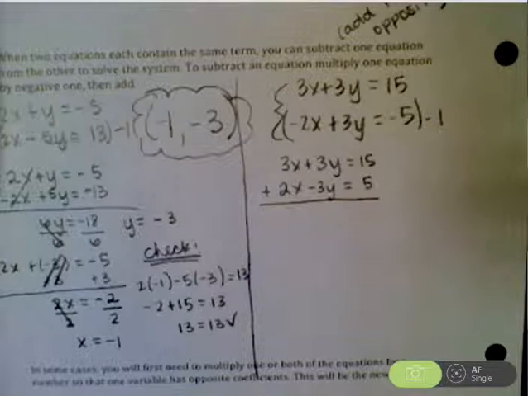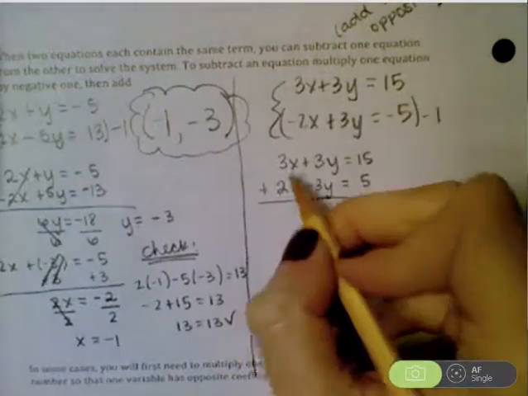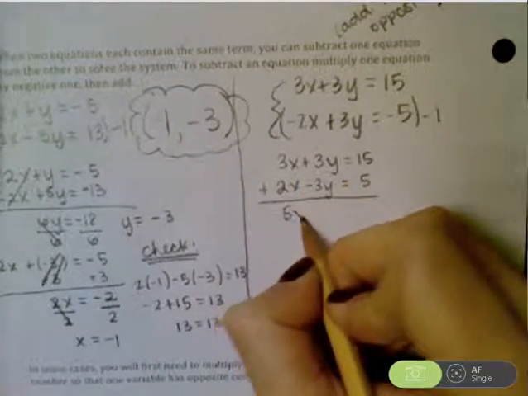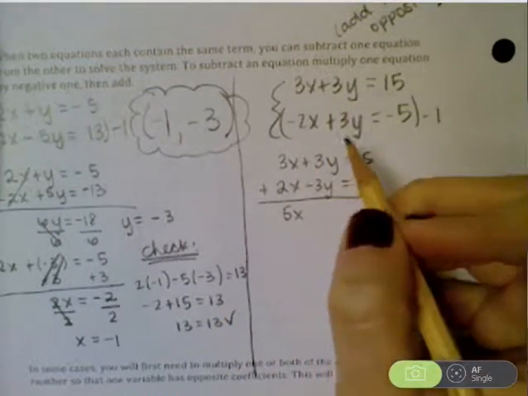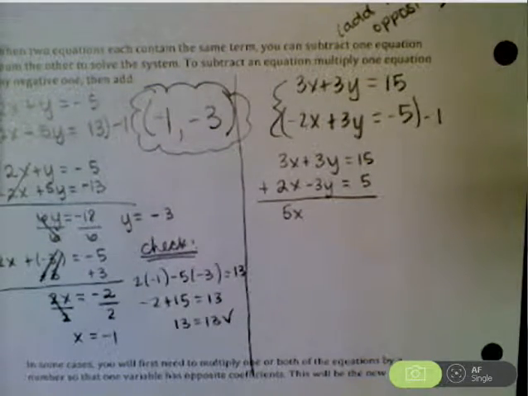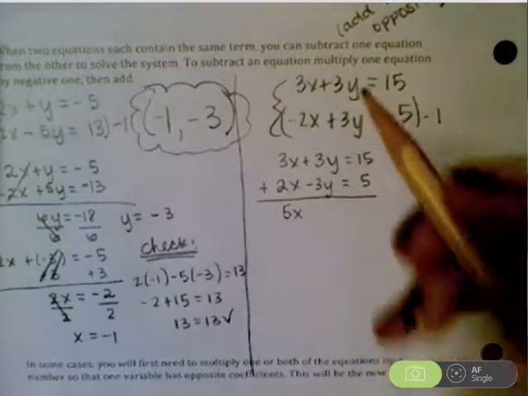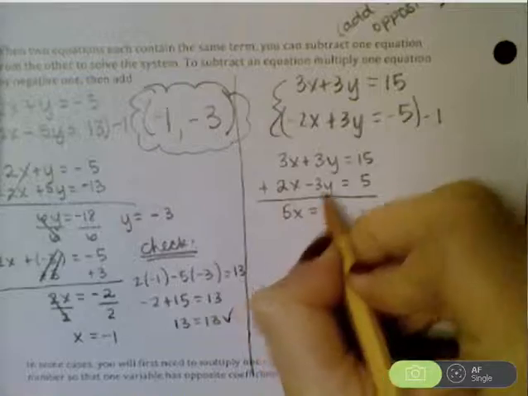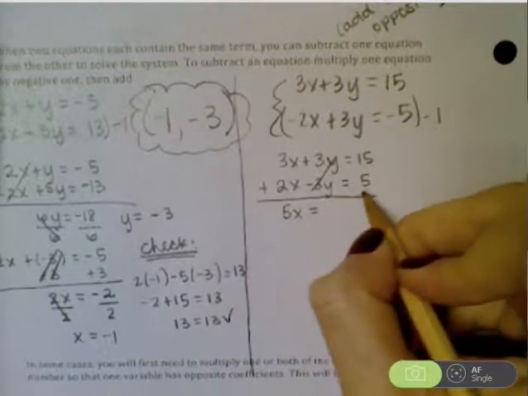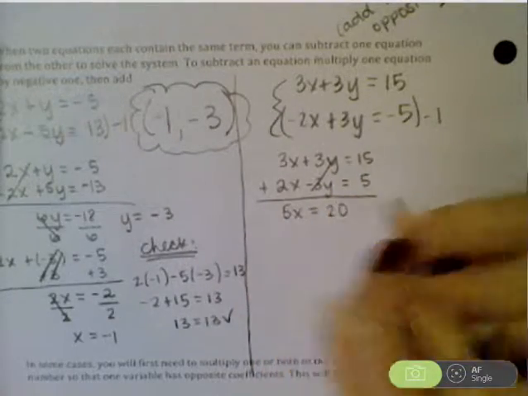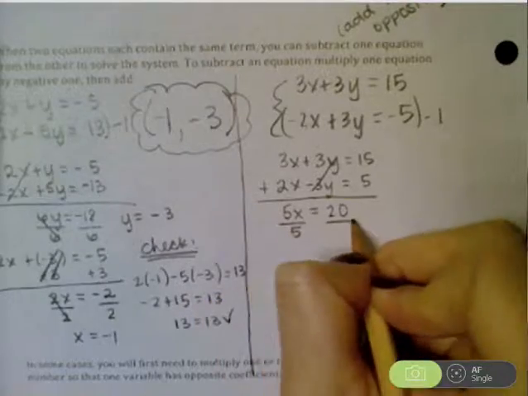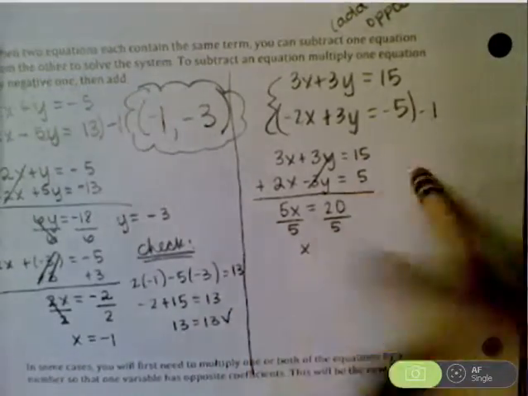Now I can add them together. 3x plus 2x, positive 3y plus -3y is 0, so it cancels out, and 5 plus 15 is 20. So if 5x is 20, then what's x? 4.